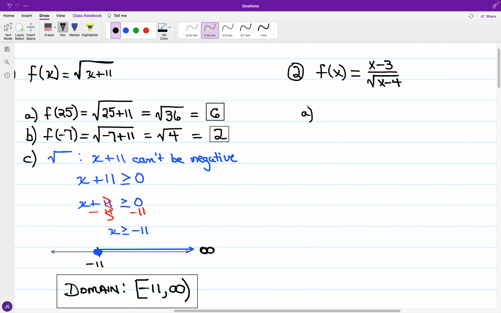And for part A, again, the first x value we have is 5. And so transitioning from x to 5, we have in the statement x minus 3 becomes 5 minus 3, and in the denominator we have the square root of 5 minus 4.